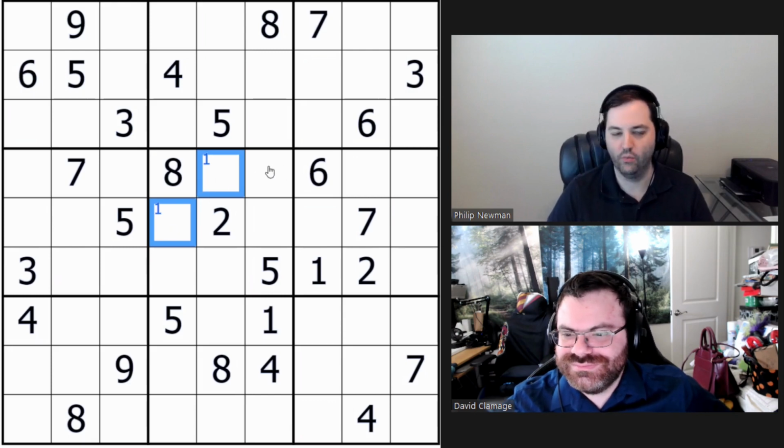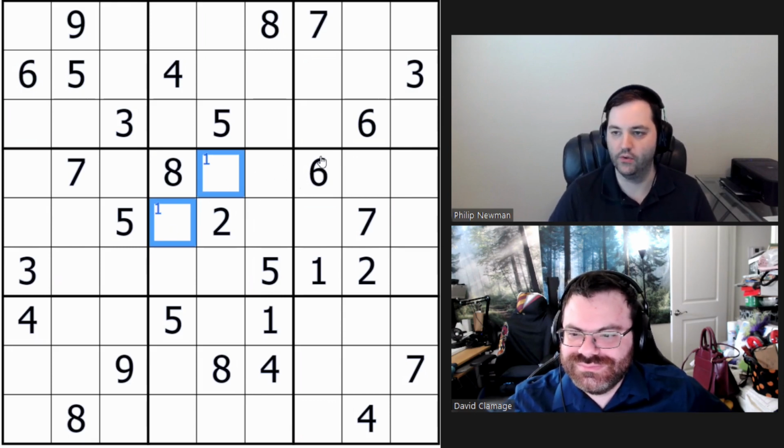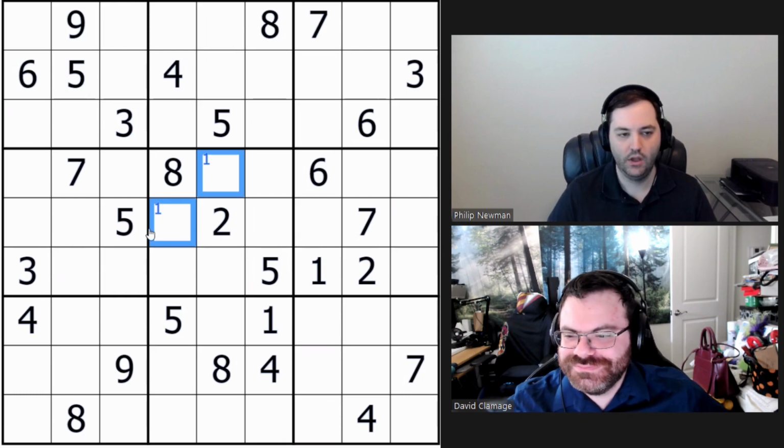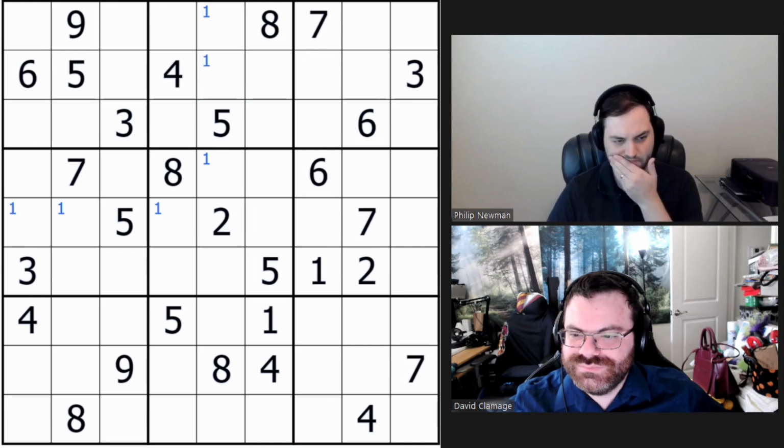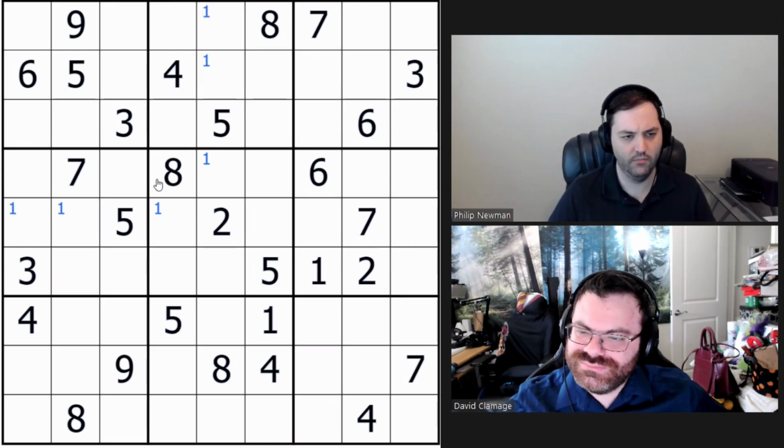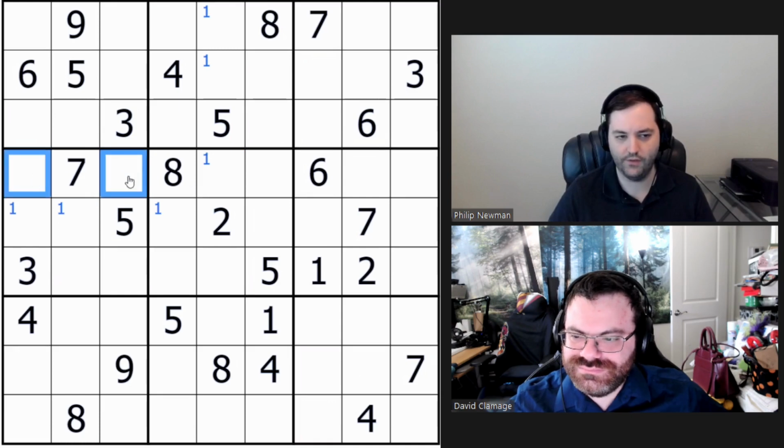All right. So this is a little suspicious to me. So I might look at where one can go in those rows and columns. Well, one is limited in row 5 because it can't go in any of those places. It could go here. Column, same thing. Row 4 is kind of the same way.